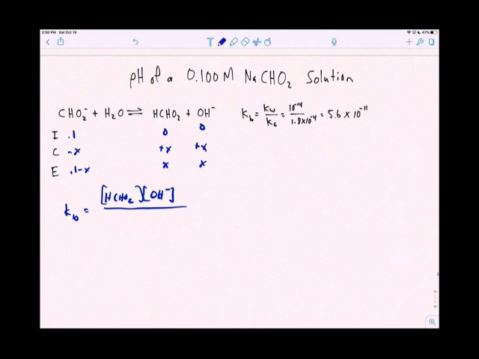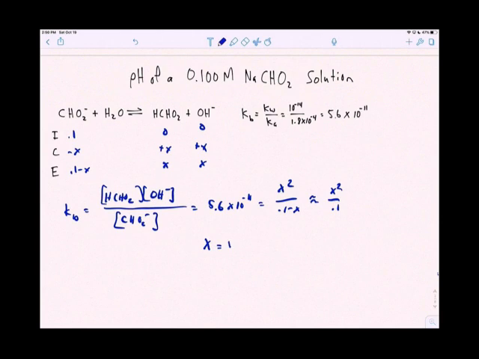And again, writing the hydrolysis, this is considered chemistry common sense. You have to know how to write this expression. And this is going to be equal to x squared over 0.1 minus x. Apply the x small approximation: x squared over 0.1.